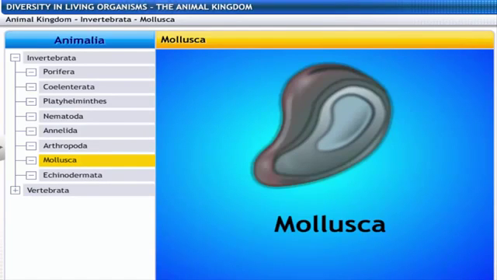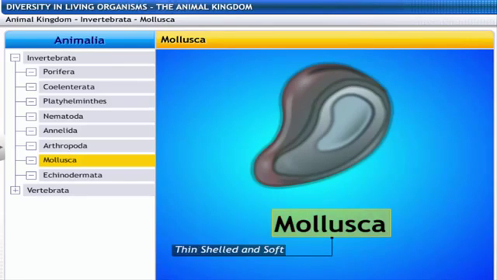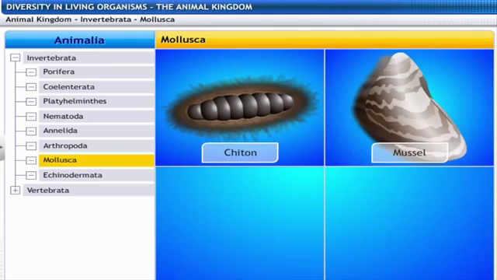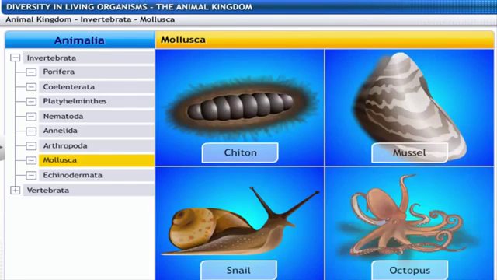The name Mollusca is derived from Latin. It means thin-shelled and soft. Phylum Mollusca includes chiton, mussel, snail, and octopus. Mollusks are aquatic in habitat.